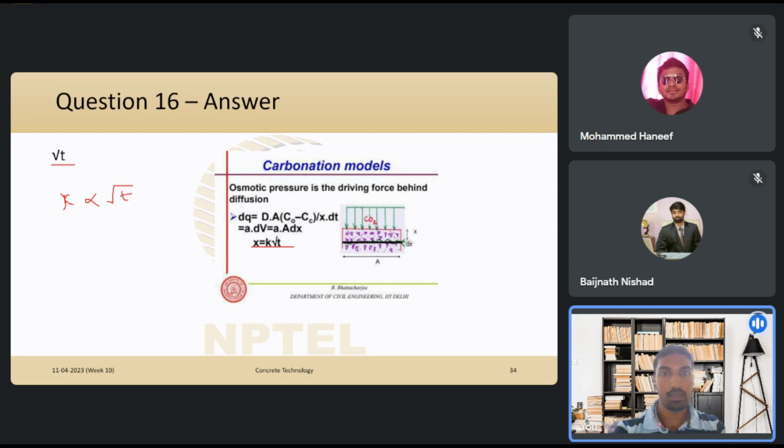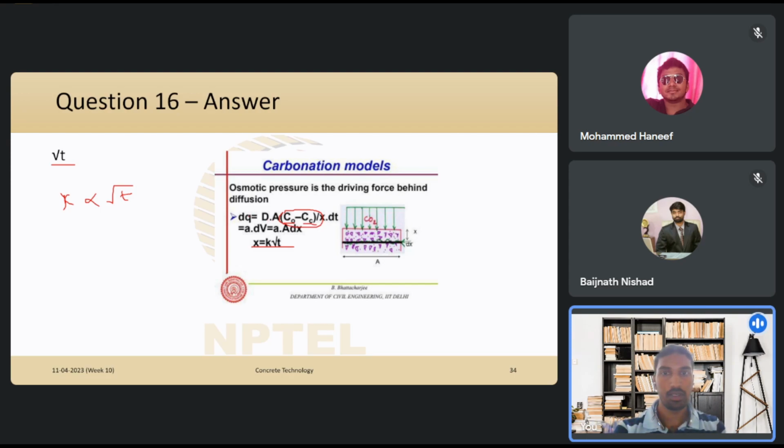driven by the gradient in the CO2 concentration, right? So in the atmosphere or outside, you have a concentration C0 that is in excess, a higher concentration, and within the concrete you have a concentration of Cc, which is lower, and it is this difference in concentration which will drive this process, right?